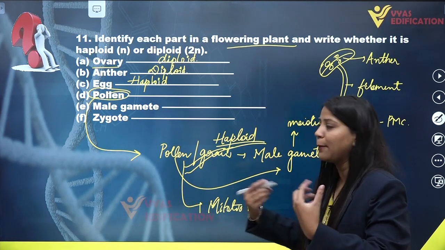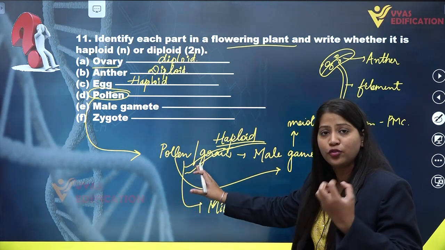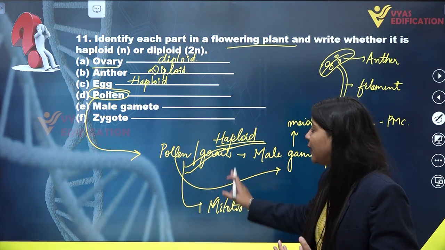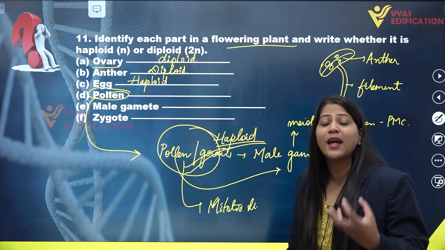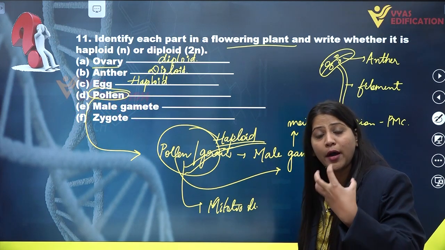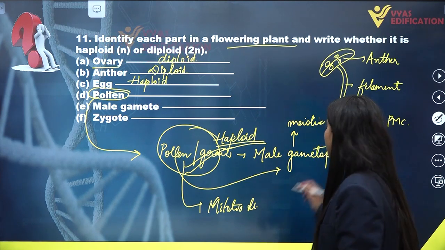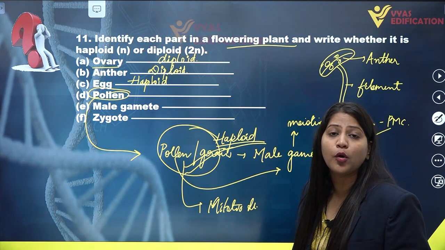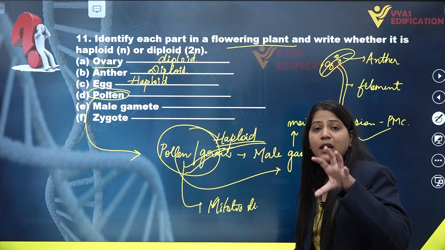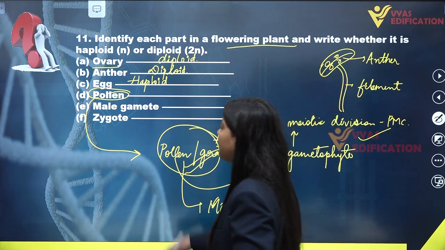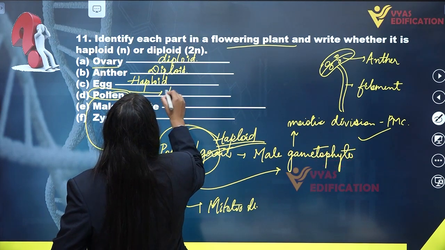So to form haploid gametes, pollen will undergo mitotic division, but the pollen itself is haploid because it results from the meiotic division of PMC or microspore mother cells occurring in the microsporangia of an anther. So pollen grains are male gametophytes and they are haploid.